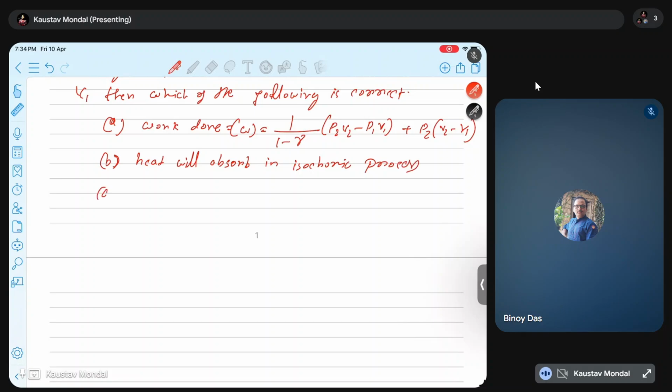And statement C is the efficiency of the cycle, eta is 1 minus gamma into V2 by V1 minus 1 divided by V1 by V2 minus 1.